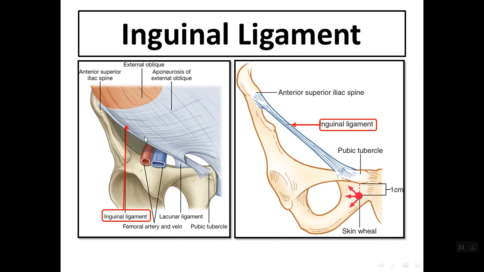It forms the floor of the inguinal canal. Posteriorly, from its medial end, we have another ligament attached called the lacunar ligament. So this is the inguinal ligament extending from the anterior superior spine to the pubic tubercle.